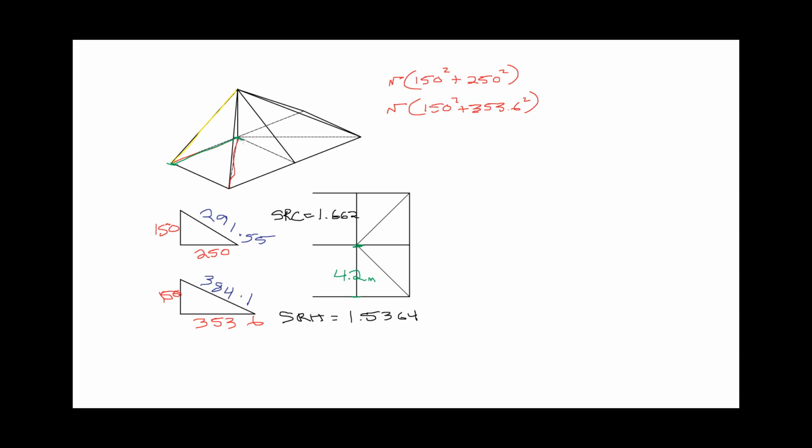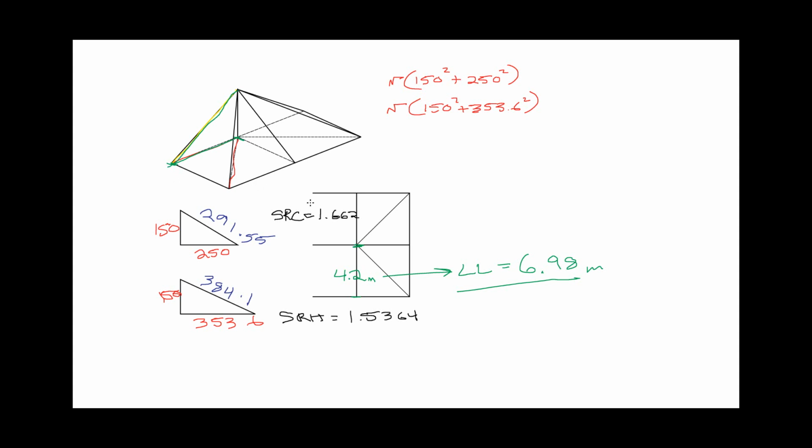So we simply take that 4.2 and multiply it by the slope ratio common. What does that give us for this particular rafter? That gives us a line length of 6.98 meters. So that is the line length of our common rafter, running right down here.